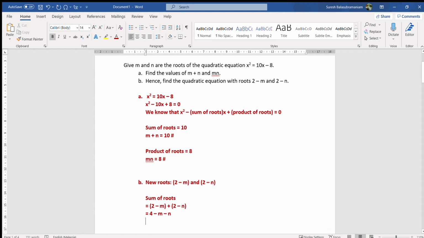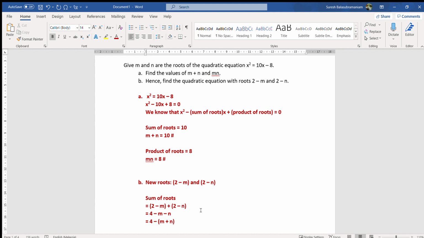So I will factor the negative out: 4 minus, and I'll factor that out, so I get m plus n.